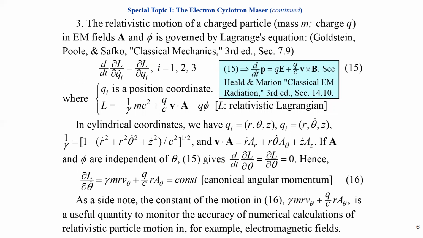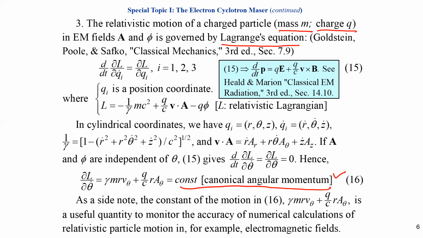So the relativistic motion of a charged particle, mass m and charge q, in an EM field, A and phi, is also governed by the Lagrange equation. You can check Goldstein, Poole, and Safko, Classical Mechanics. Okay. So that is related to canonical angular momentum.